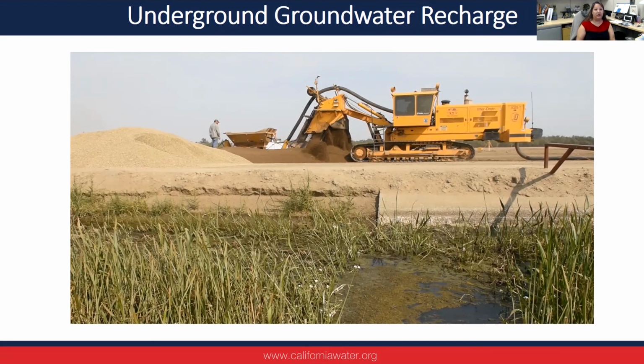You can actually plant annual crops or tree crops above it, and it won't damage the root zone because these are installed lower than the root zone. And there's multiple benefits to this technology, and it's fairly new.